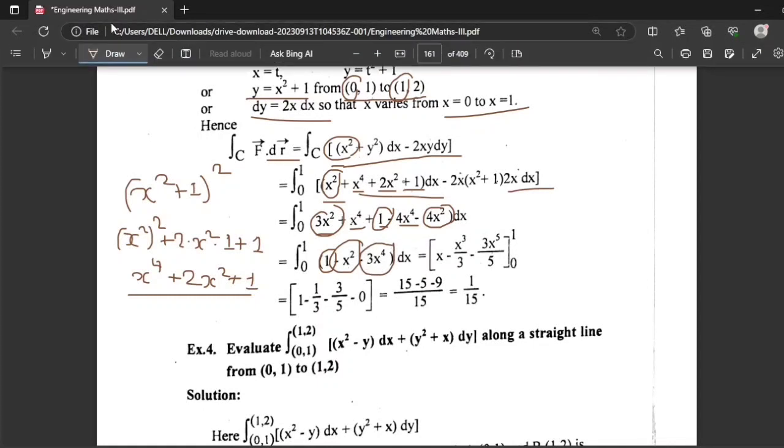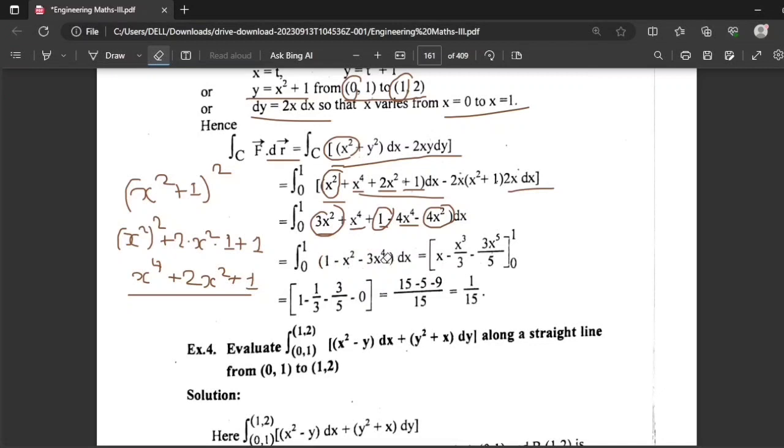So by integration we get: integration of 1 with respect to x is x, minus x cubed by 3, minus 3 x power 5 by 5, from 0 to 1. Putting the upper limit, that is 1 minus 1 by 3 minus 3 by 5, and the lower limit is all 0. So simplifying we get 1 over 15.